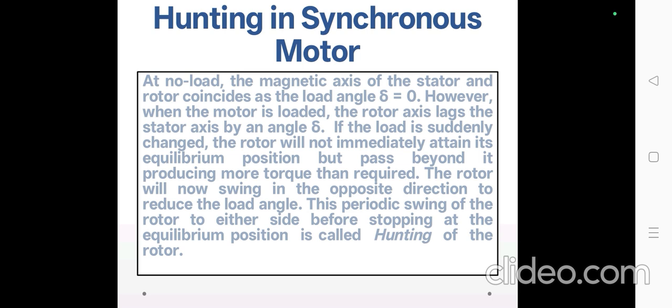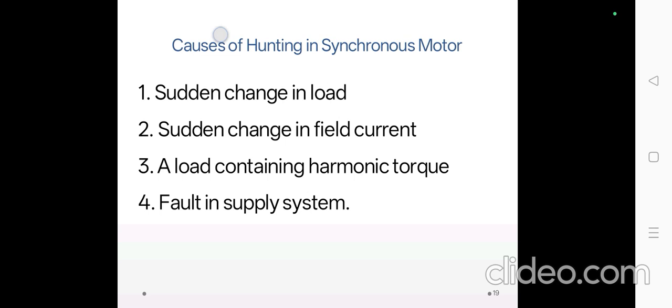Hence during hunting there are changes in the current drawn by the motor, which may cause problems to other applications connected to the same line. The changes in the armature current due to hunting are shown in the figure.